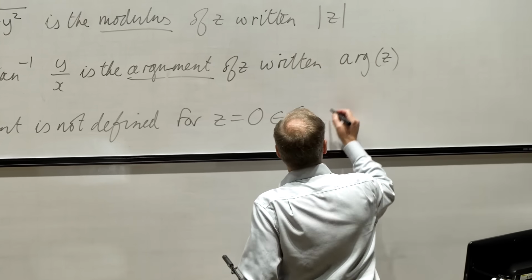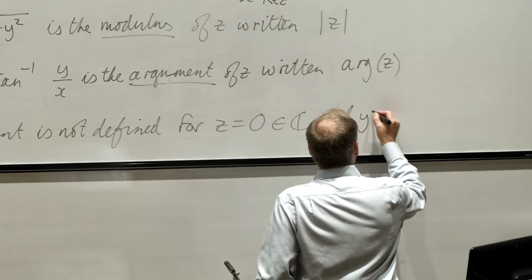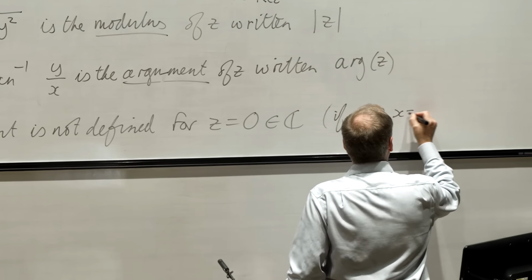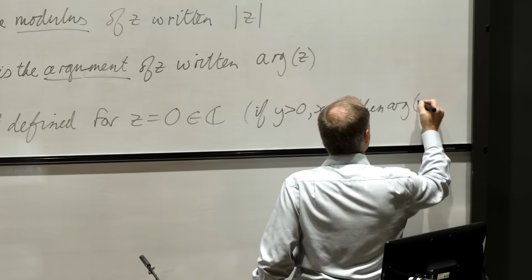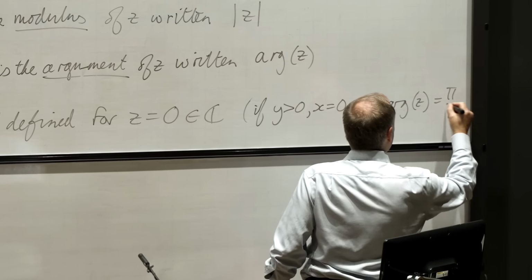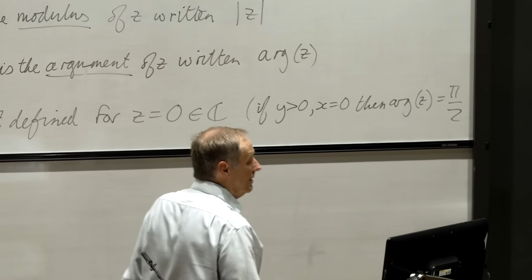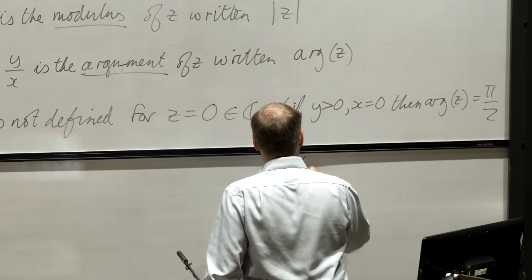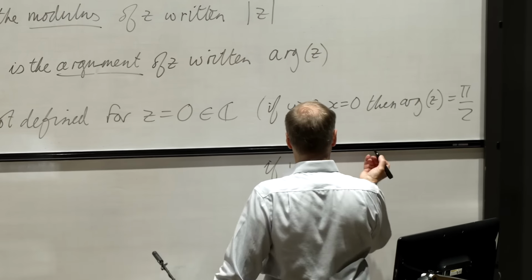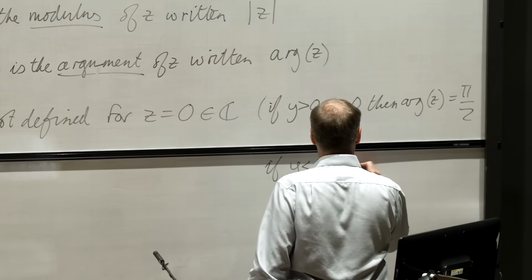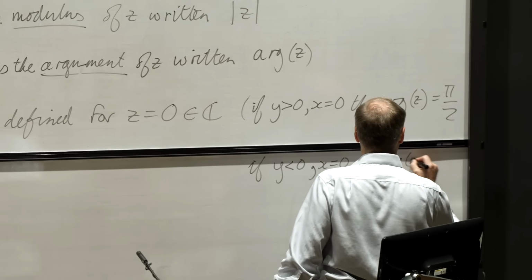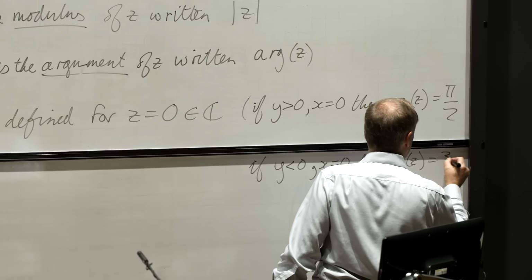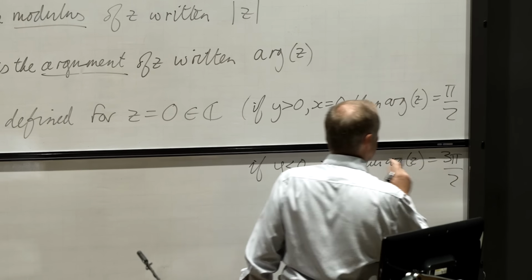Okay? So you notice that if y is positive and x is 0, then the argument of z is just pi over 2. Right? And if y is negative, these are real numbers, right? So I can say this, and x equals 0, then the argument of z is 3 pi over 2.